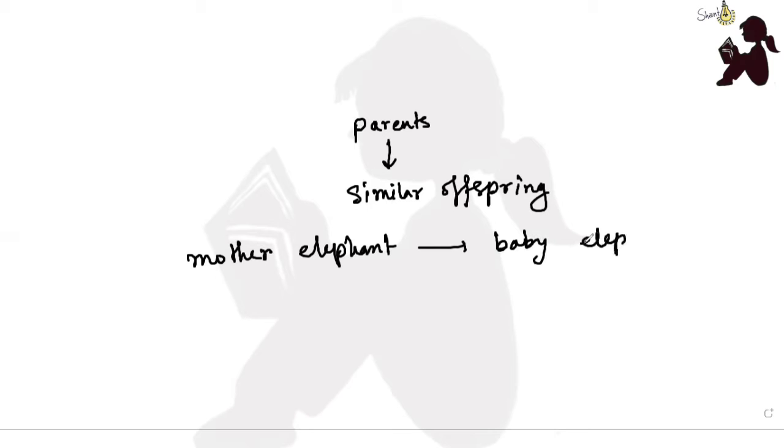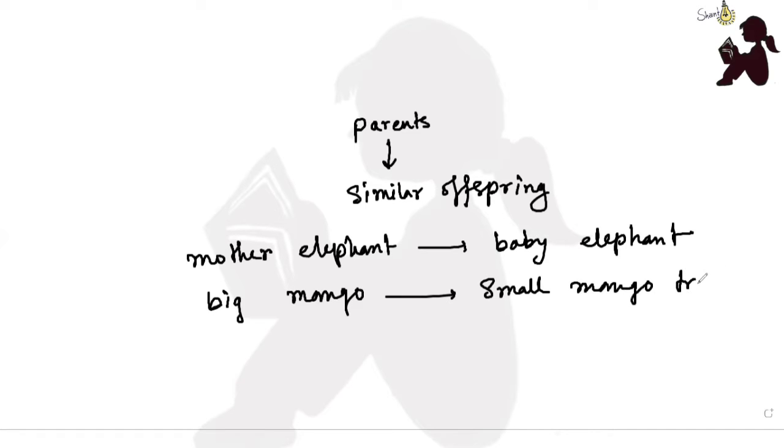Also, one big mango tree always produces a small mango tree from the seed. So why do these things occur? These things occur because of the inheritance and the variations.